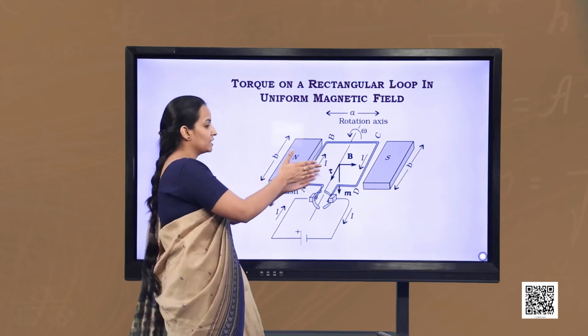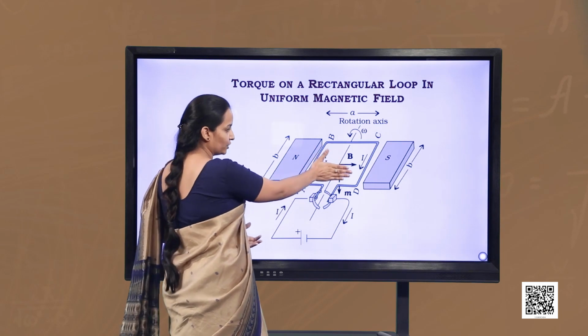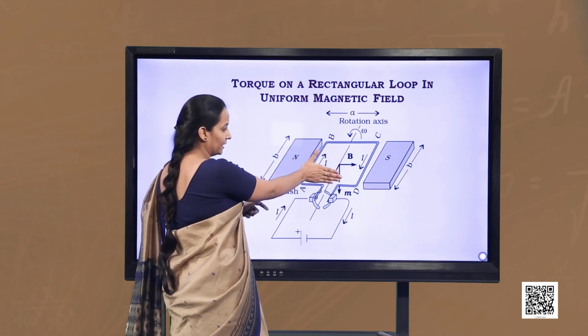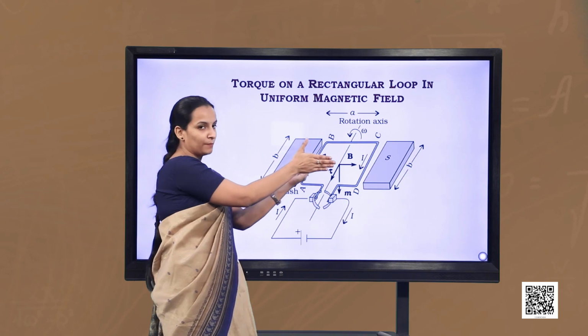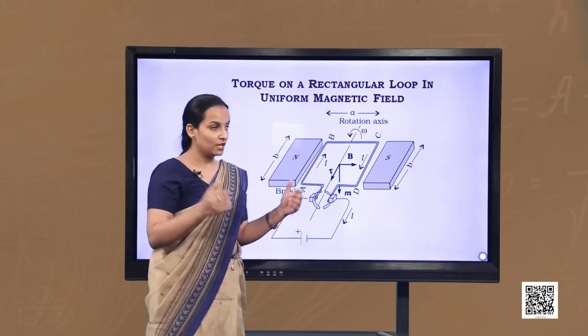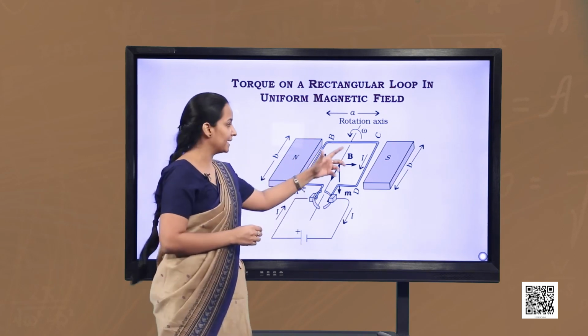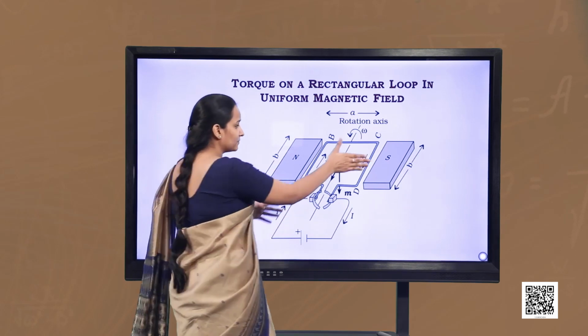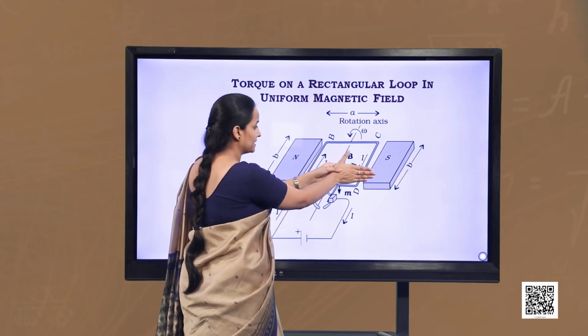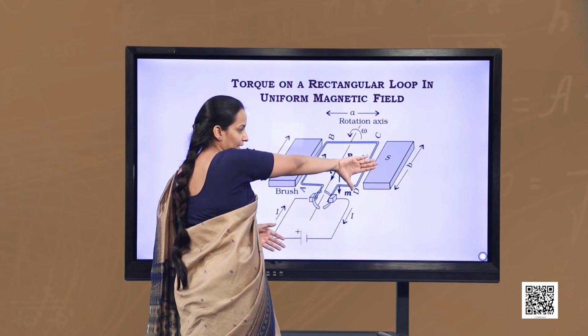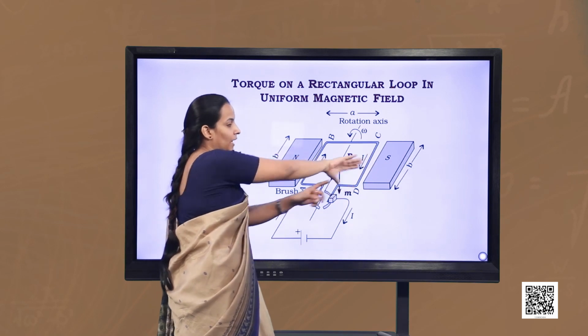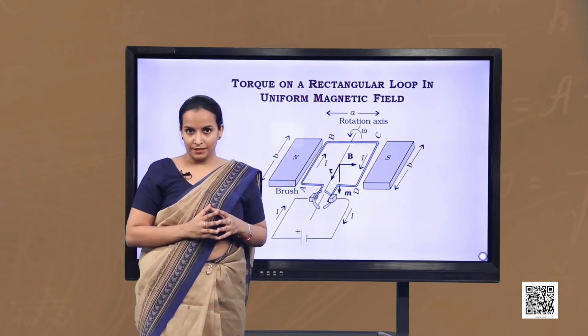We align our fingers in the direction of B and thumb in the direction of current. The perpendicular to the palm will give the direction of force, which is into the plane. But in case of CD, the direction of B is this, but the current is in the downward direction, so the perpendicular to the palm will give the force.